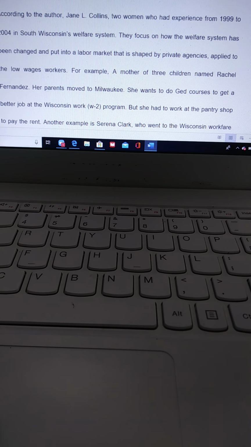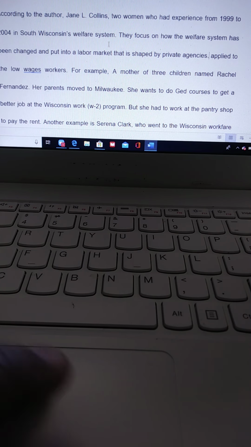They focus on how racism has been changed and put into a labor market that is shaped by private agencies. Let me see. Maybe you could say that agencies apply to the wages of workers.